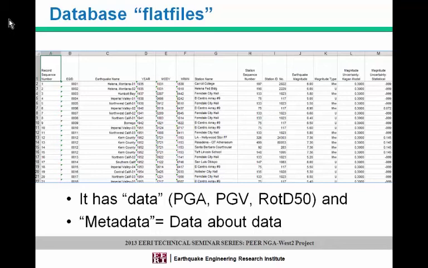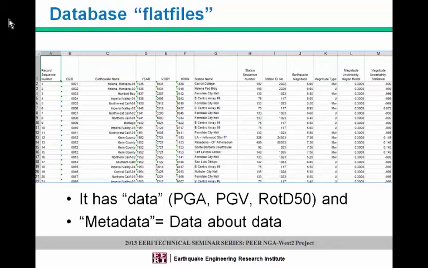In the flat file, a couple of hundred columns of the Excel file are metadata. Metadata really is data about data, characteristics or attributes of the data. The data really is the spectral ordinate, as I mentioned, at 103 periods, plus peak ground acceleration, velocity, and so on, and metadata.